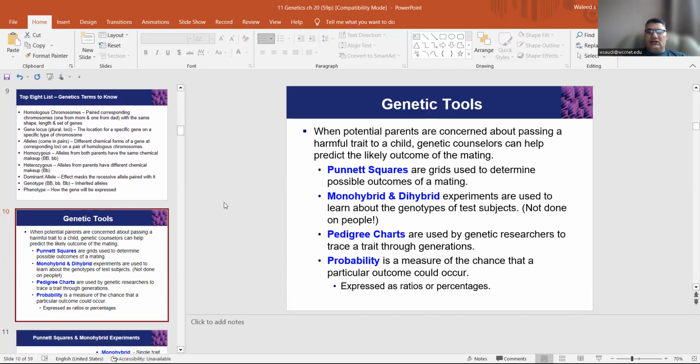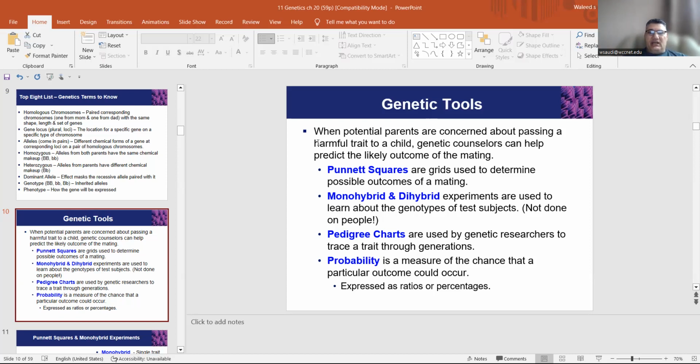In order to do this prediction that I just talked about, there are different ways to tell. Like if I give you a phenotype, not a genotype, and I want you to predict. Here is the dad, here is the mom. Can you predict what are the chances of the kids? Are they going to be like this or like that?